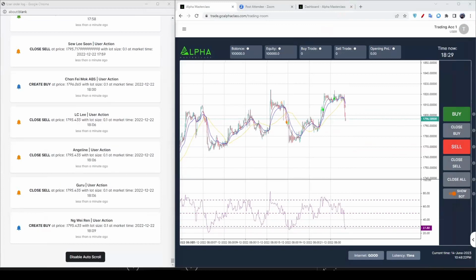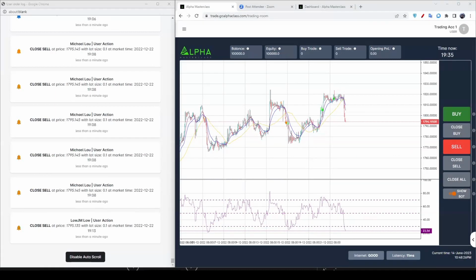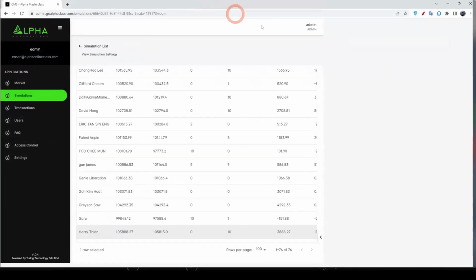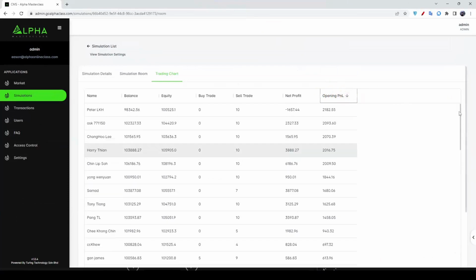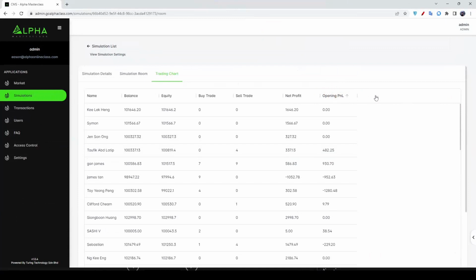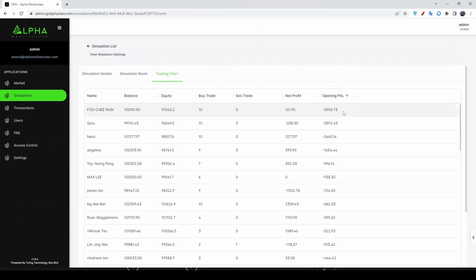Again, risk management is not about all in. $3,000, 3% drawdown already. Guru, drawdown.